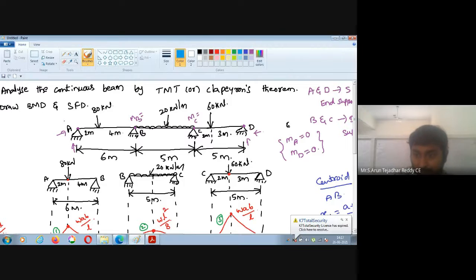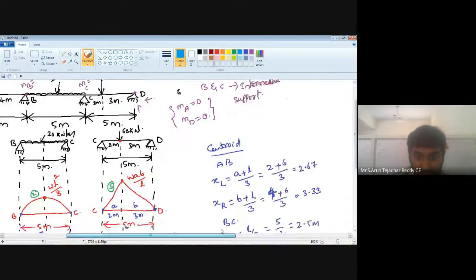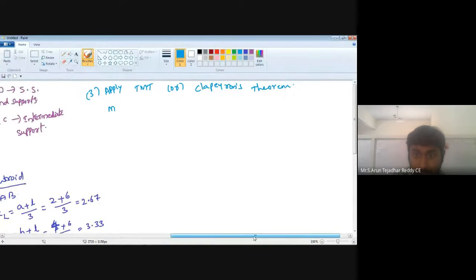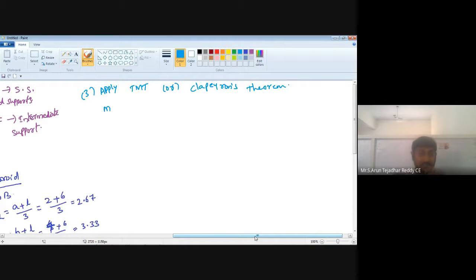Here, first of all, I will apply A, B, C. Listen carefully, don't get confused, because there are 4 points. MA L1 plus 2 MB (L1 plus L2) plus MC L2 equals minus 6A1 X1 by L1 minus 6A2 X2 by L2.